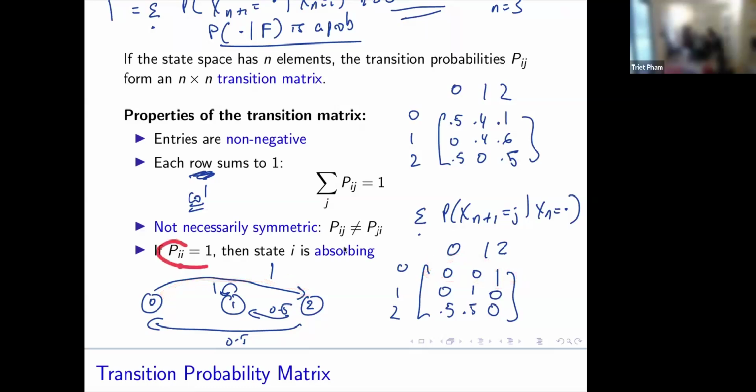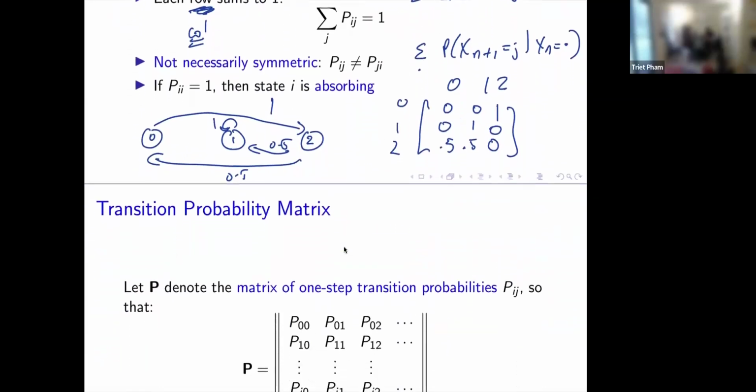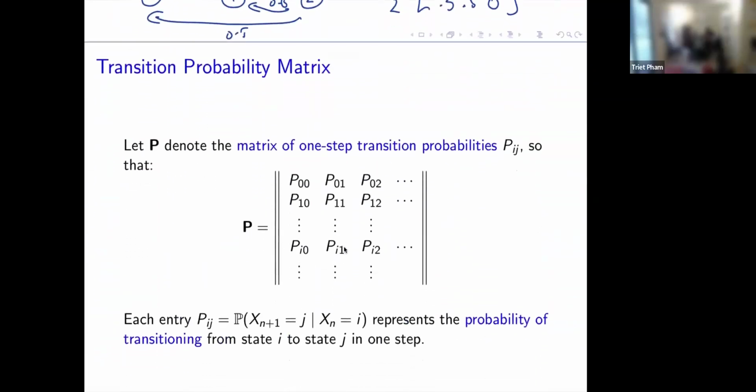It's the diagonal entry that indicates absorption, at least for that state. Okay so far. Again, this is the abstract representation you see in the textbook.